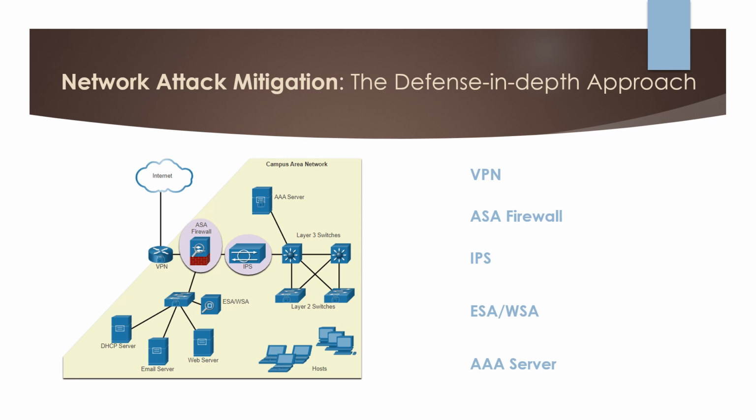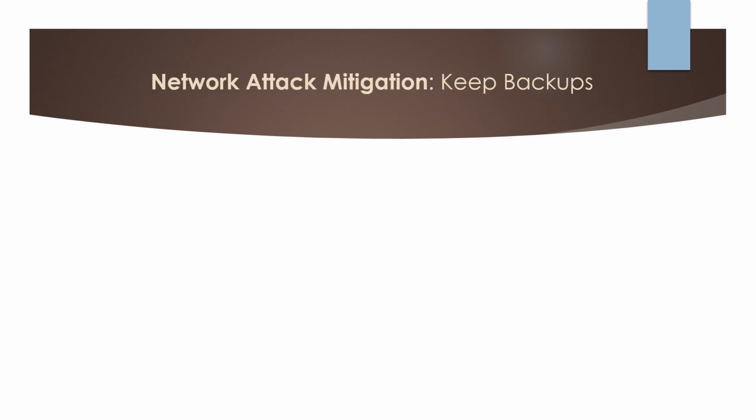Another way to mitigate network attacks is backups. Backing up device configuration and data is one of the most effective ways of protecting against data loss. A data backup stores a copy of the information on a computer to removable backup media that can be kept in a safe place.